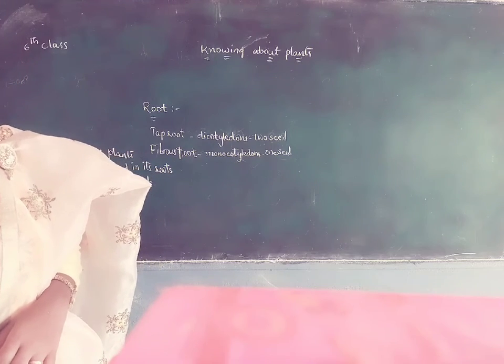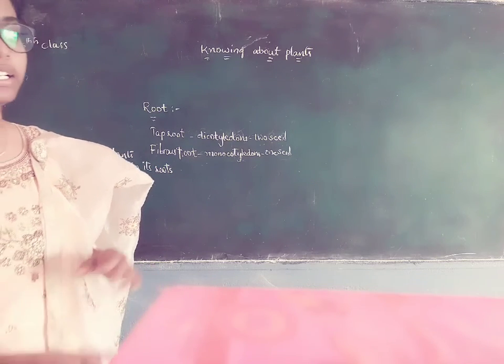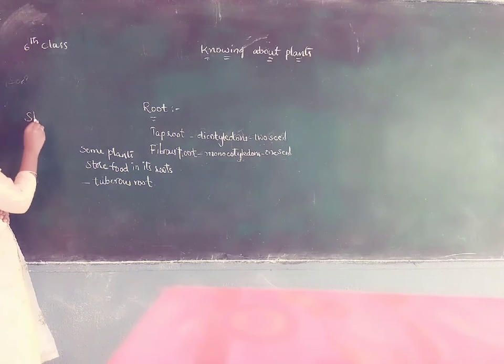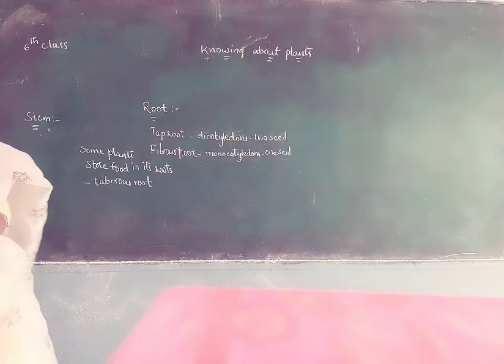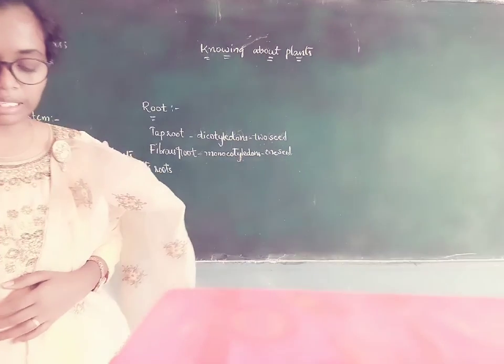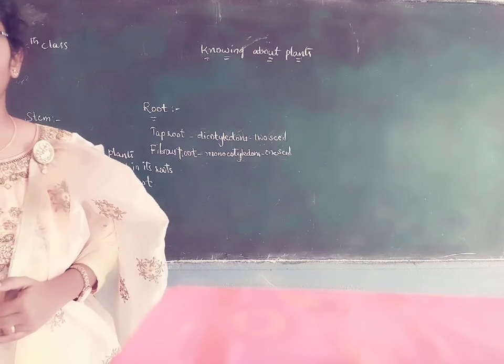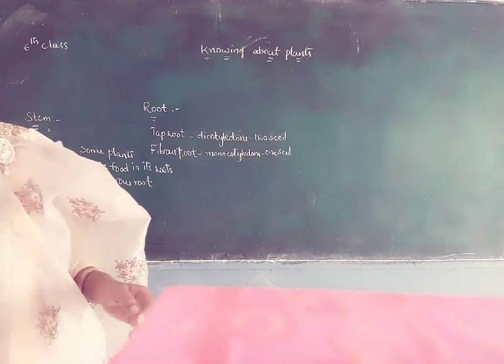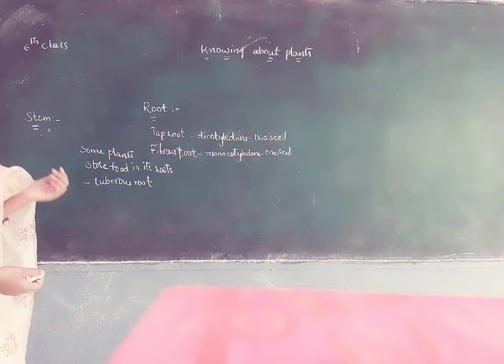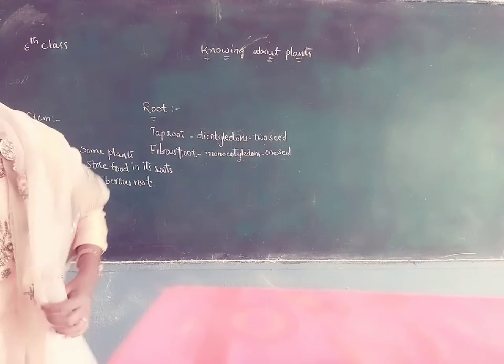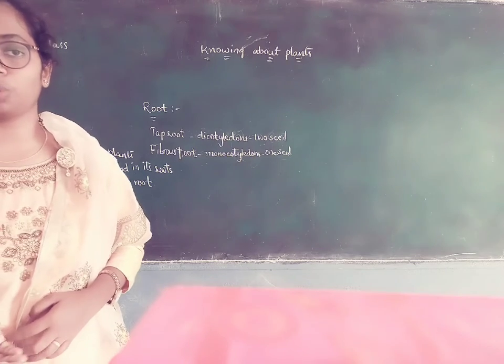Next, we have also started an introduction regarding the stem. So what have we learned about the stem, what is meant by stem? The aerial part of the plant body above the ground is known as the shoot system.